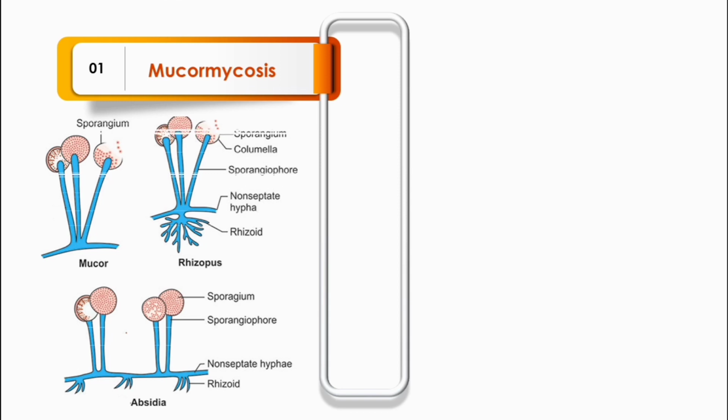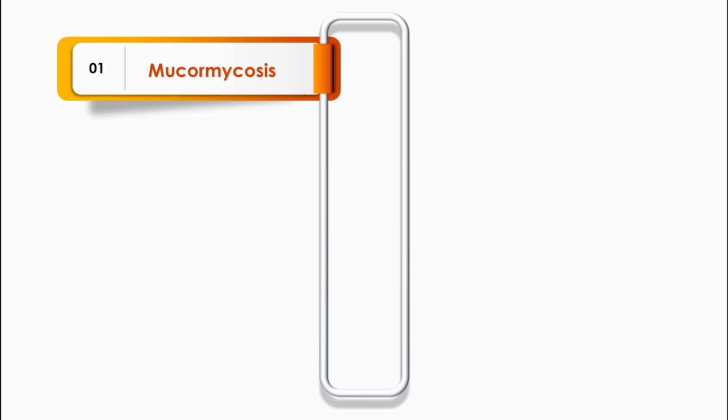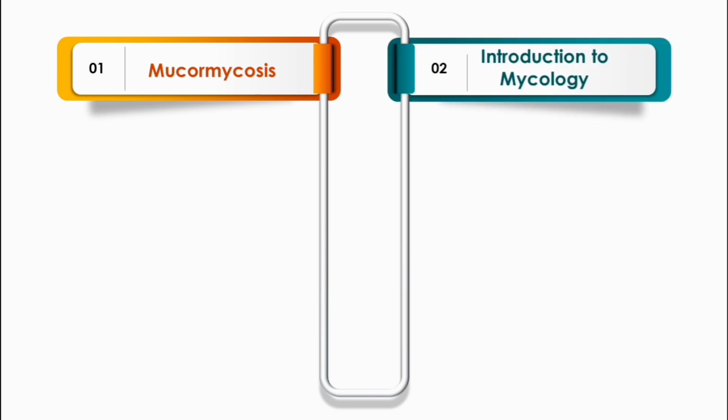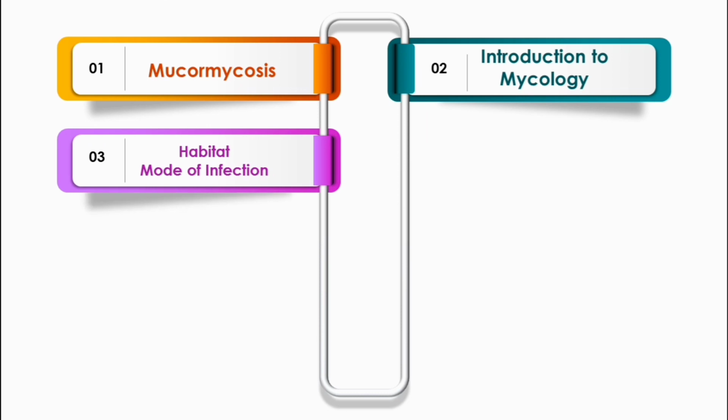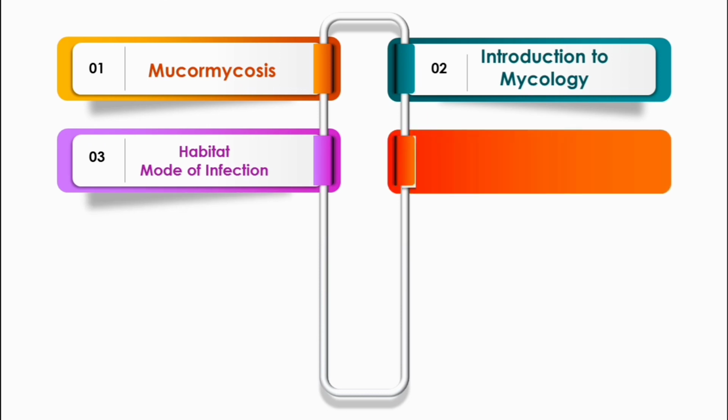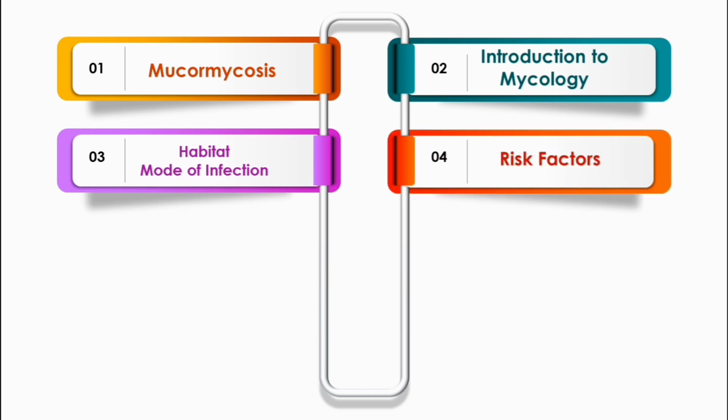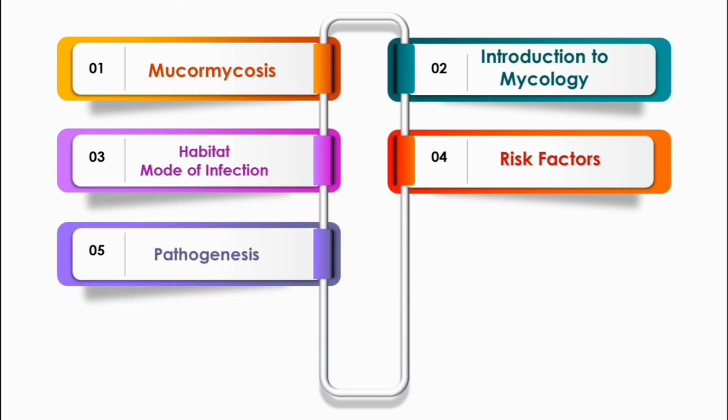First we will have an introduction to mycology. Then we will see the habitat and mode of infection of the disease, and the risk factors, meaning which group of individuals can get the disease. Then we will look at the pathogenesis, how the disease progresses in the human being.